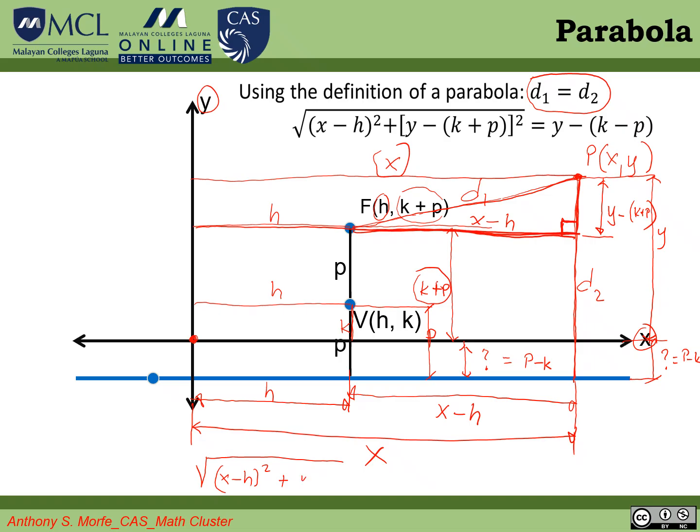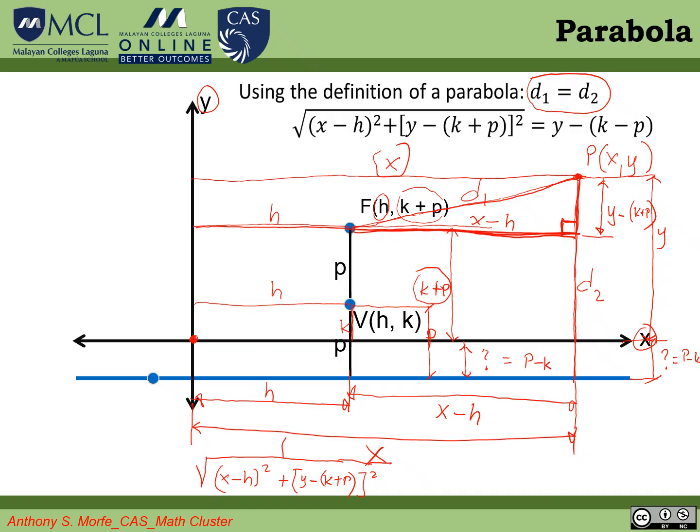So y minus the quantity k plus p, and the whole thing is squared. So that is D1.